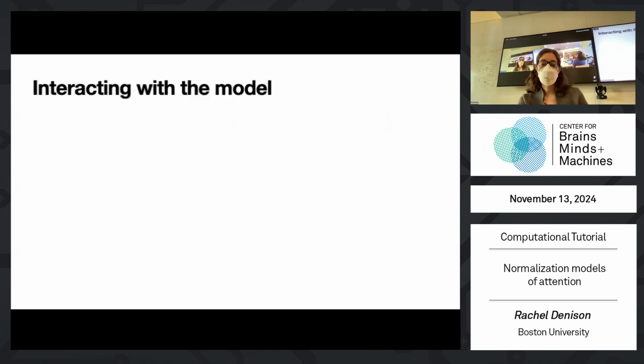So I'm now going to show you how to be a little more interactive with this model, and you could also start using the actual code if you like. We already saw how to run this GUI. You can also put model options into the GUI call.